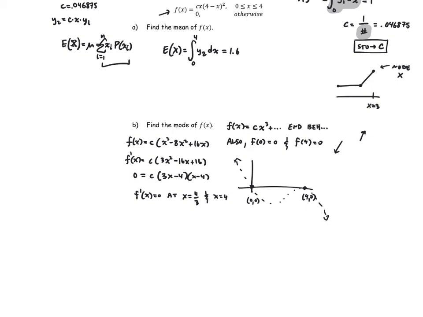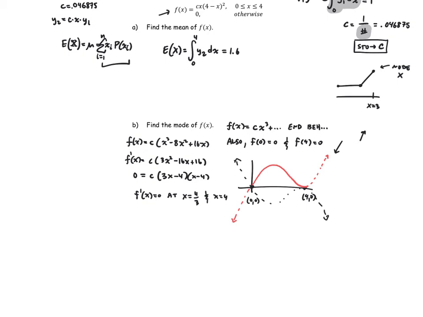So what our PDF is going to look like is, of course, I'm not including this. This is dashed because, well, clearly for a reason. We don't include any values outside of 0 to 4. Okay, so our PDF should look something like this. So clearly x equals 4 can't be the mode, right?